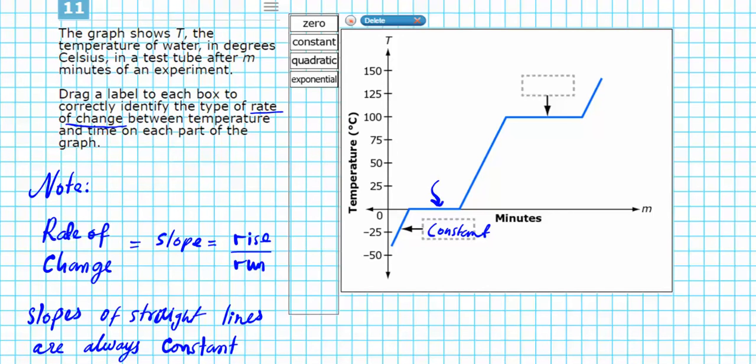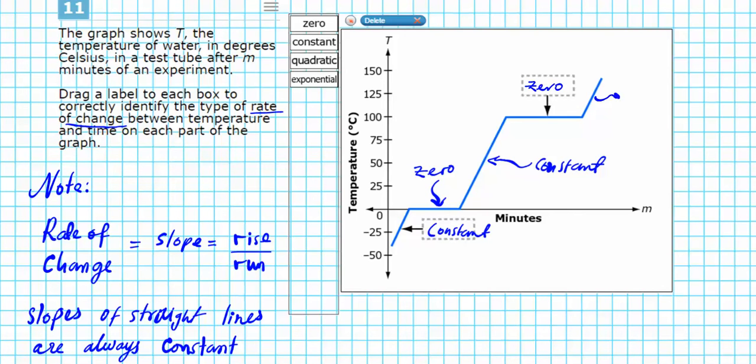Over here, you're going to have a constant slope, but since it's horizontal, it's going to be a 0 slope. Is 0 a constant? Absolutely. Okay. And then over here, you're also going to have a constant slope. It's non-zero. It's going to be positive since it's going up. Or in this interval, you're going to have a constant slope, but since it's horizontal, what type of constant will it be? It's going to be 0.